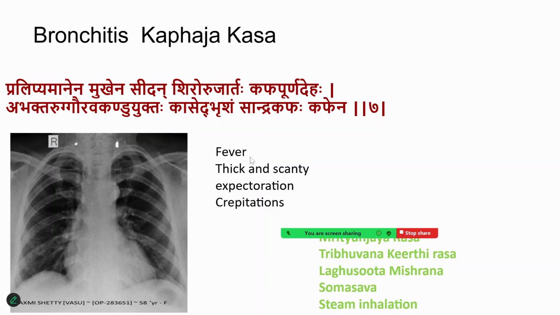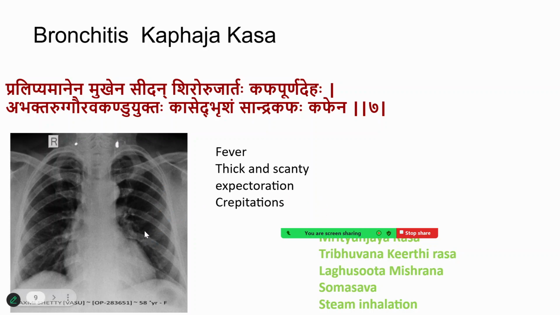Now, all these would be what we call the common cold or common cough conditions, which are bronchitis, which would be considered as a Kaphajakasa. The clinical symptoms of these conditions at least would be that the patient may have a mild or moderately high fever, and the sputum is thick and scanty. When you auscultate, there could be crepitations.